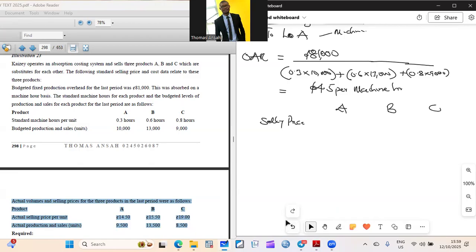Standard selling price. The overhead absorption rate. You should be able to see these things there.